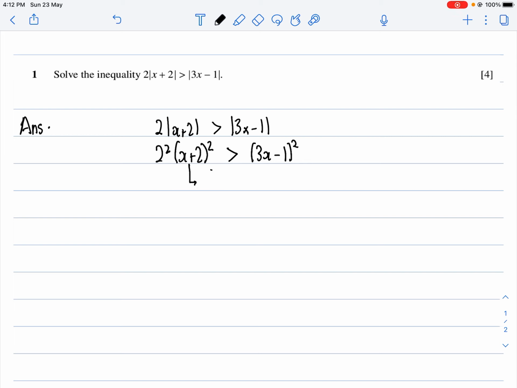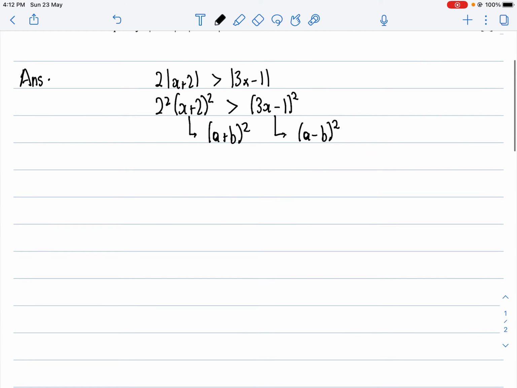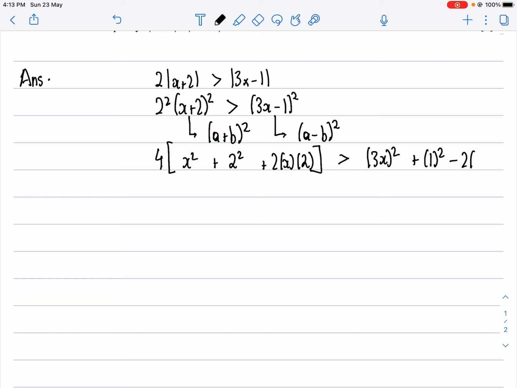As you can see, this is (a plus b) the whole square, and this is (a minus b) the whole square. So I can basically write this as 4 into a square plus b square plus 2 into a into b, which is more than, this is basically a square plus b square minus 2 into a into b.